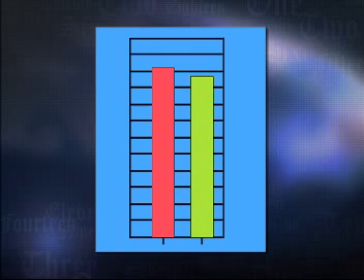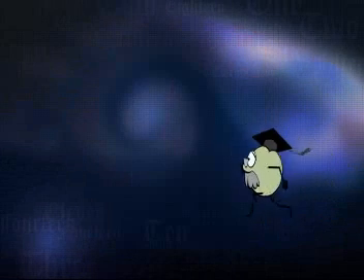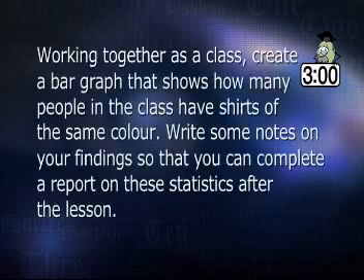Make sure your results are accurate, everyone, as you will be writing a report on these findings after the lesson. I will see you in a few minutes. Students, let's get ready. Begin.